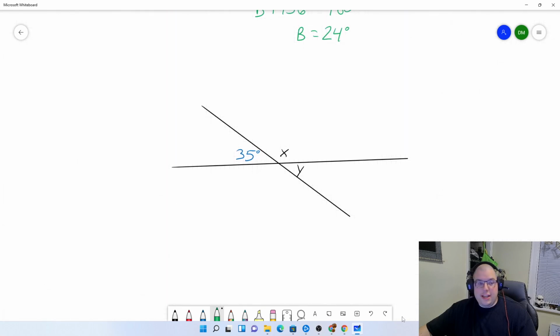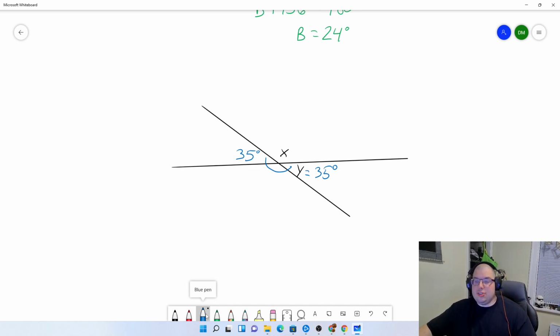So, looking at this problem, I see that Y is on the opposite side of that 35 degrees. So Y is also 35 degrees by vertical angles. Because the 35 degrees and Y are vertical angles with each other, they have to be congruent.